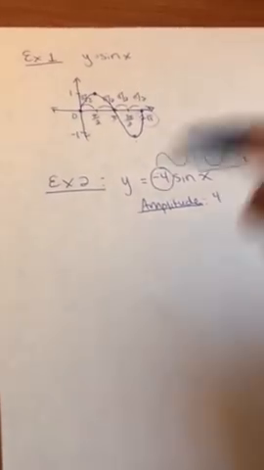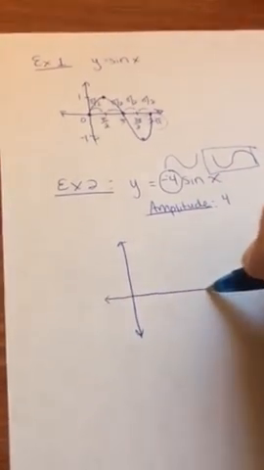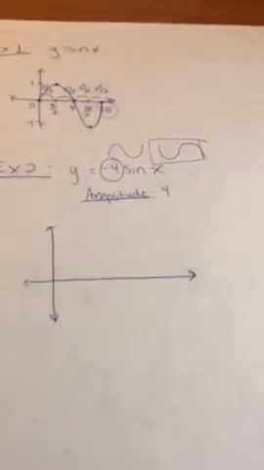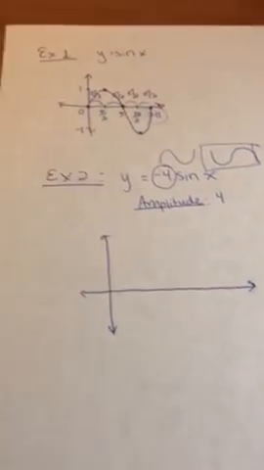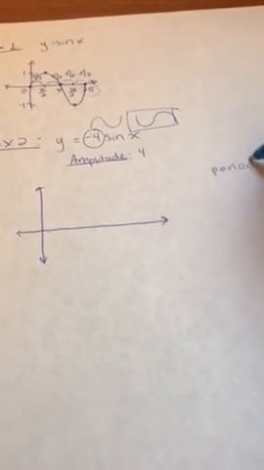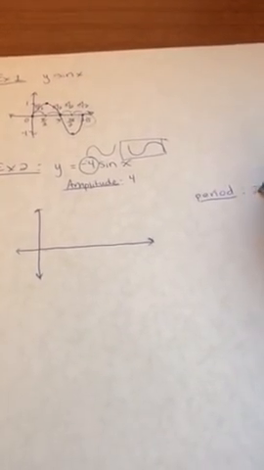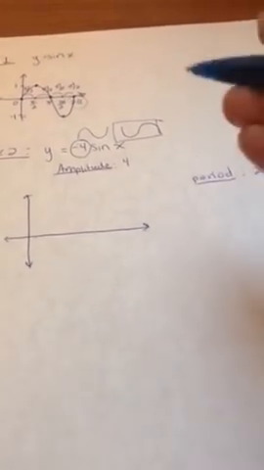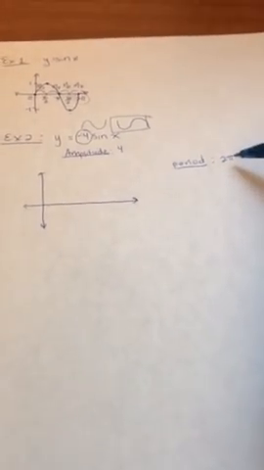The way we start, again, we create our coordinate plane. We have to figure out what points we actually need to put here. So I'm going to show you how to choose the points. I'm going to find the period, so how far the cycle lasts. The formula for that is 2 pi over b, but notice that there's no number in front of x, and so the period is just 2 pi.